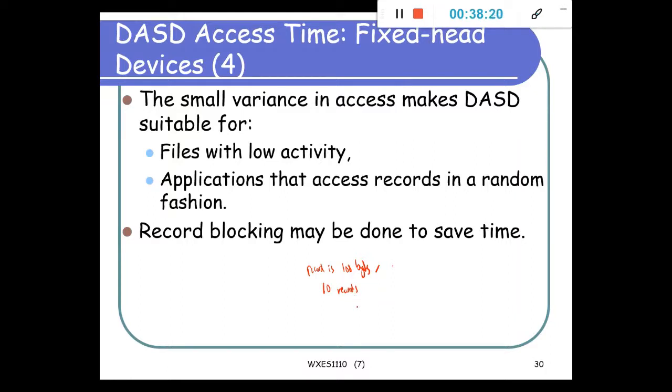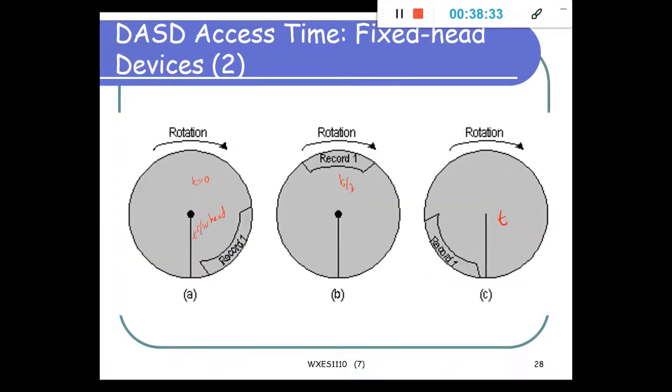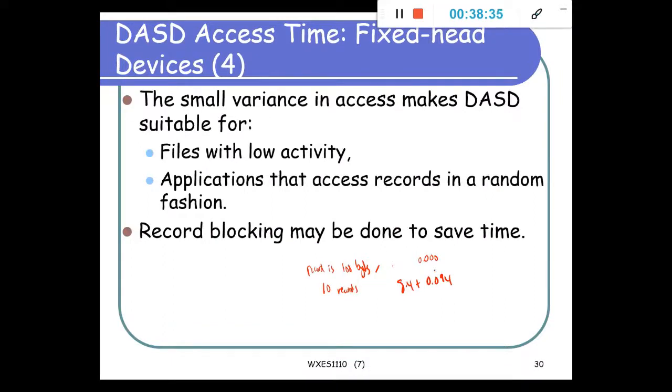If you read 10 records individually, the access time is 8.4 plus 0.00094 times 100, for 100 bytes.